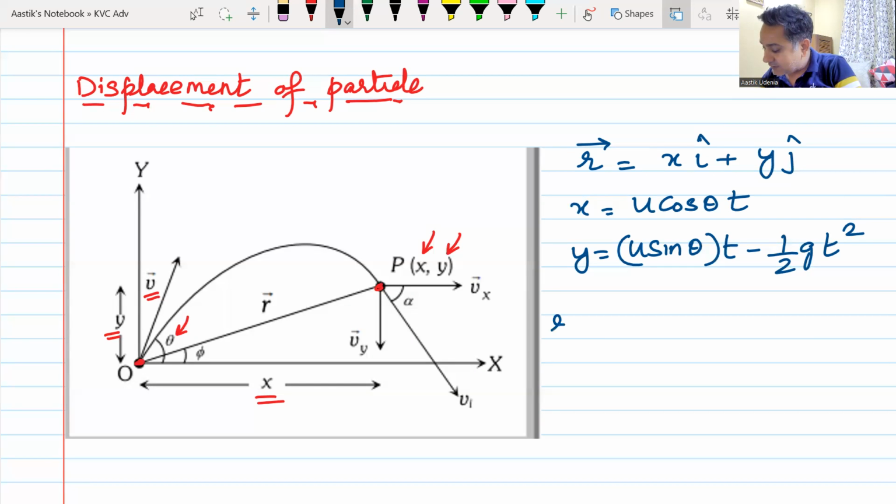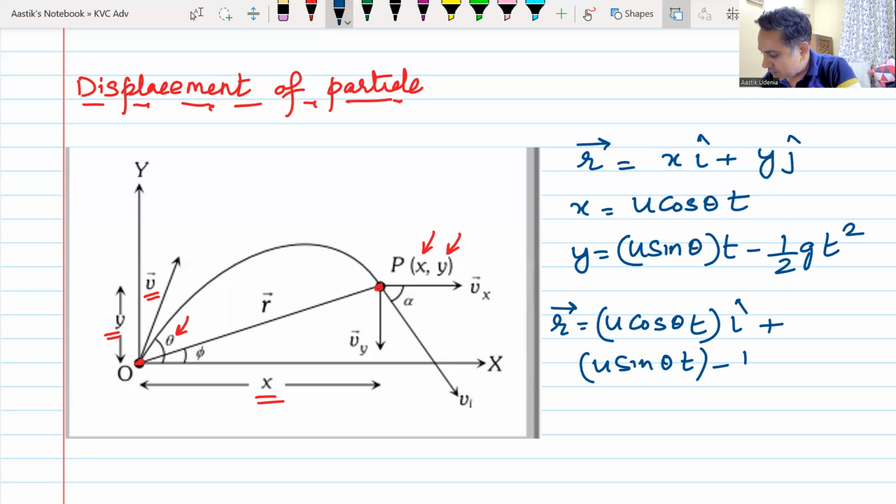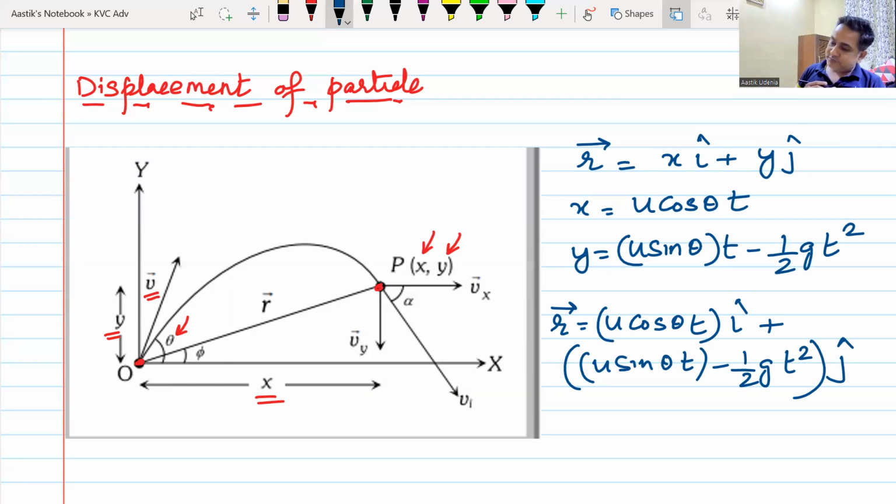So I can write this r vector as, it will be a bigger thing: u cos theta into t times i plus u sine theta into t minus half g t square times j. Do we understand this?